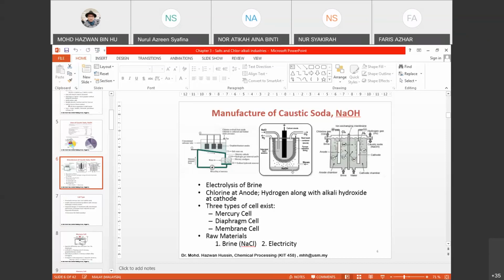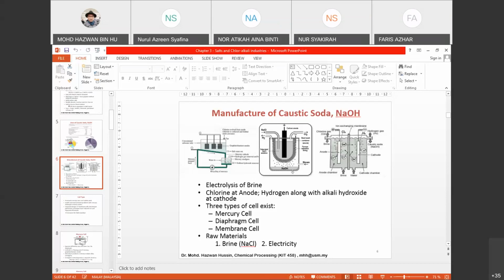For the disadvantages, it consumes a lot of energy for evaporation. And why do we need evaporation? Because we need to evaporate the brine.